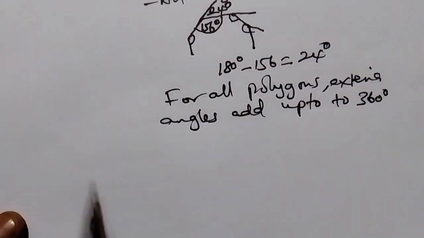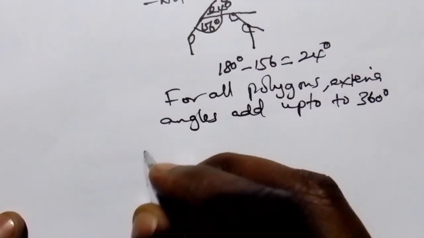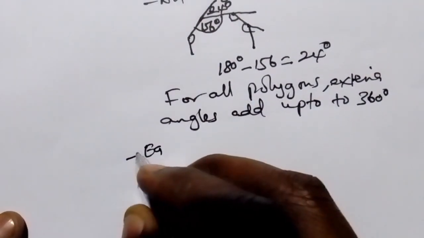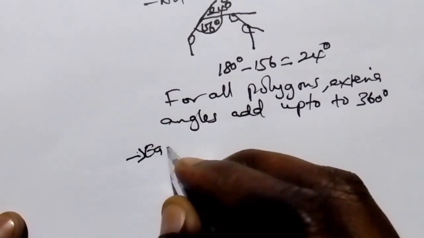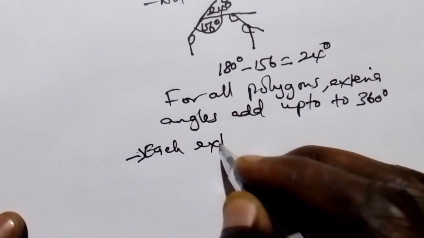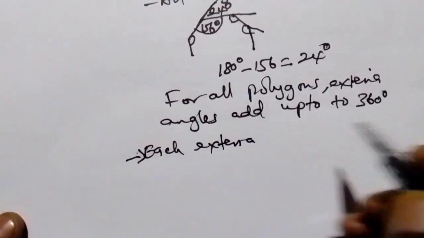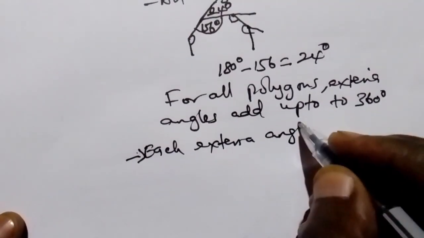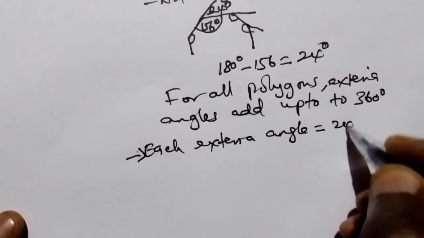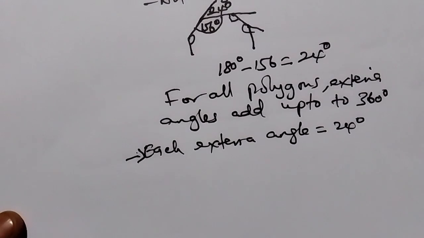So from here we have found that each exterior angle is equal to 24 degrees.